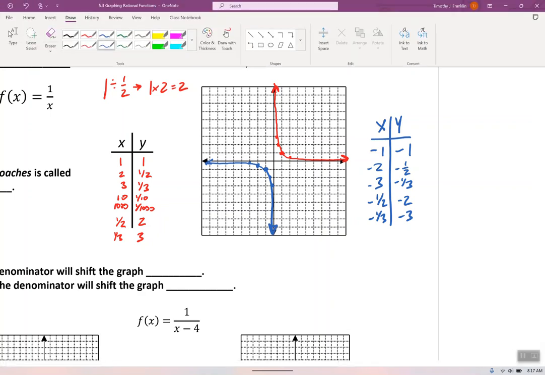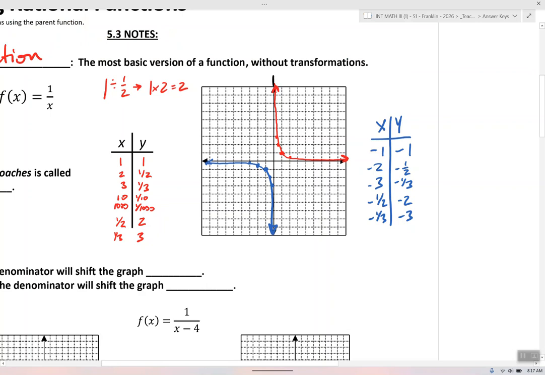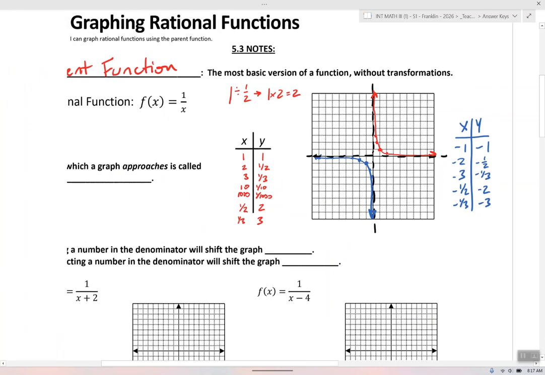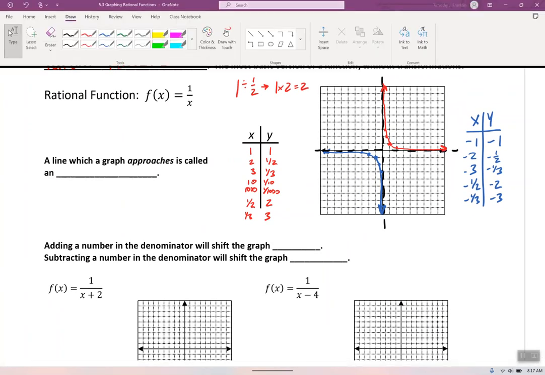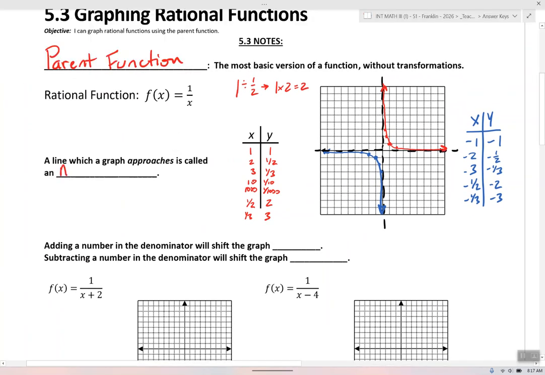So you can see that when I graph this, there are these lines, and for the parent function, they are just the x and y axes, where the graph isn't going to touch. Now these are called asymptotes, a line which a graph approaches but doesn't touch. So it's a value which the graph is getting closer and closer to, but it's never going to equal that number.